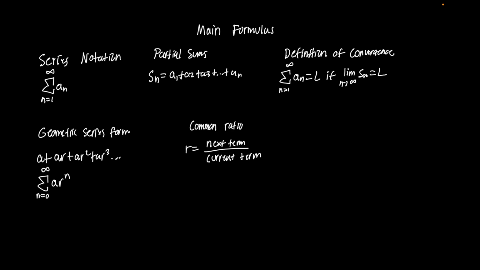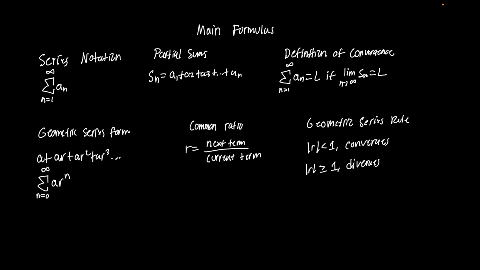And then we learned the geometric series rule, which was, if your absolute common ratio is less than 1, this converges. And if your common ratio is greater than or equal to 1, the series diverges.